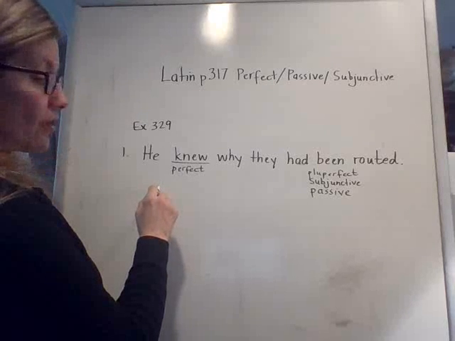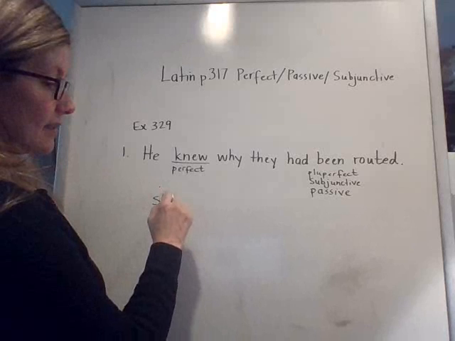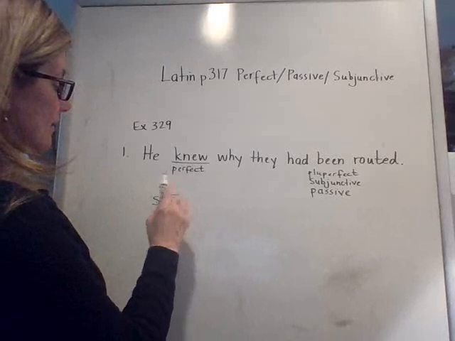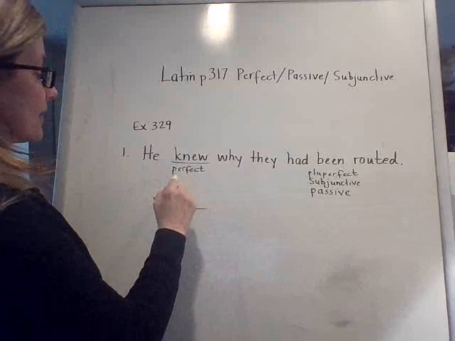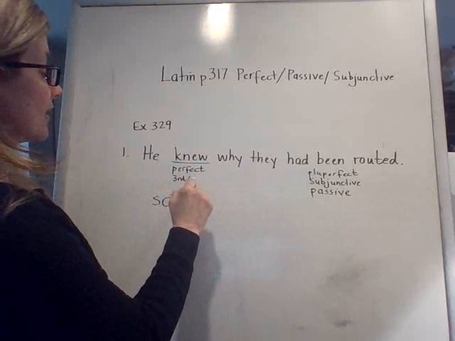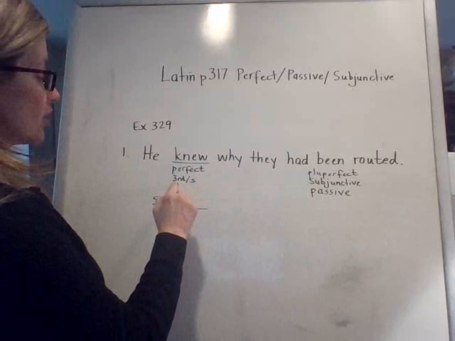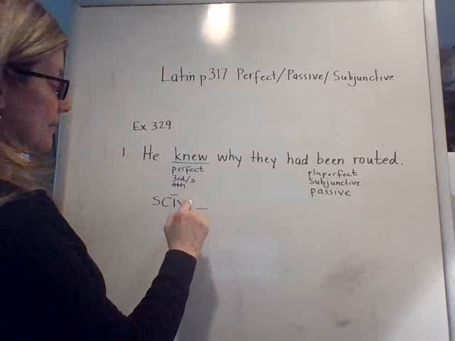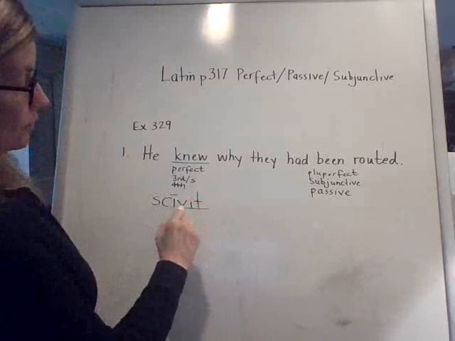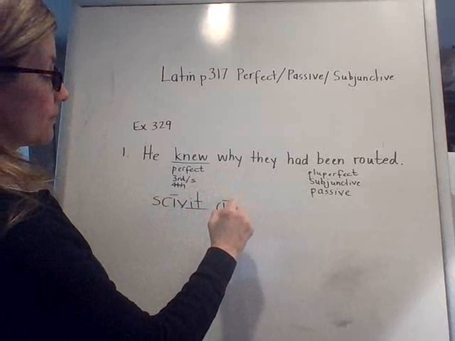So we're going to use the third principal part, which is sciv, and then our ending for he, third person singular. This is a fourth conjugation verb, and our ending is it. So scivit. Why, that's cur.